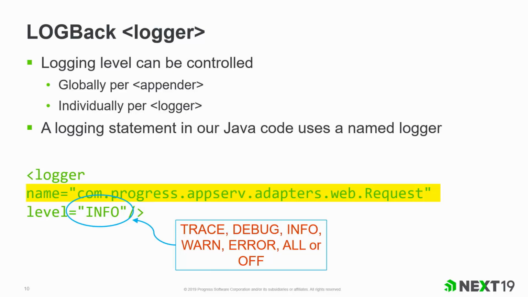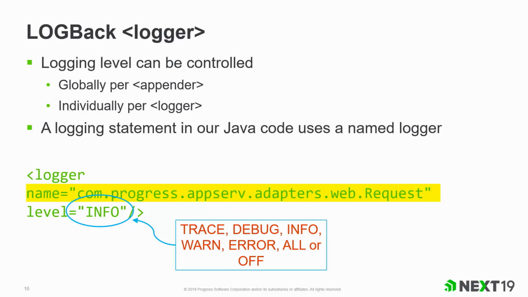So each log message goes to a named logger, and you can turn on and off groups of log messages based on their name. If you know the name of the logger they were written to, you can turn up or turn down the logging level of that group of log messages, right?